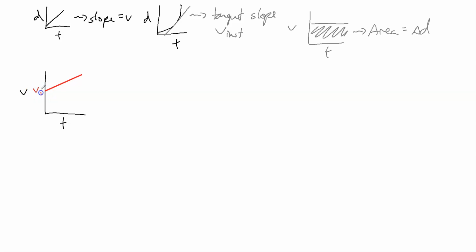This is V1, and this can be V2 out here, and from here to here would be your delta t. So, nice constant acceleration, which is what we're restricting ourselves to. The first v could be equal to 0, but we're going to say it's not equal to 0.